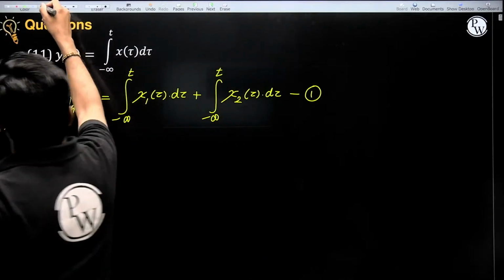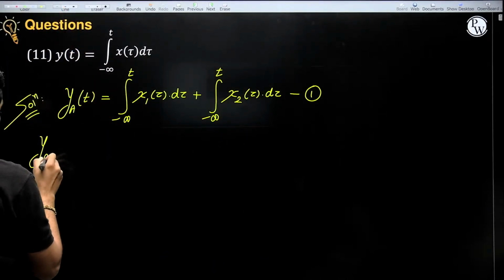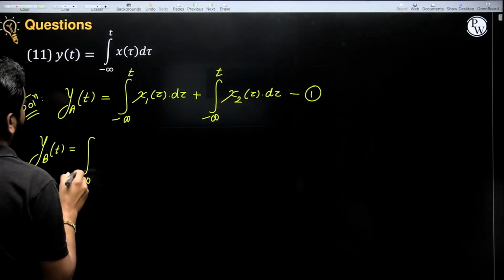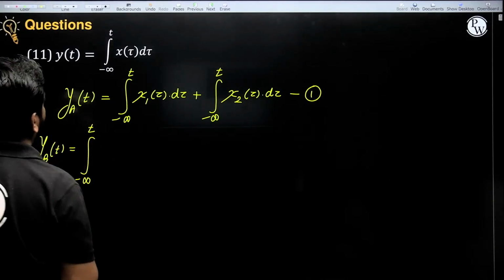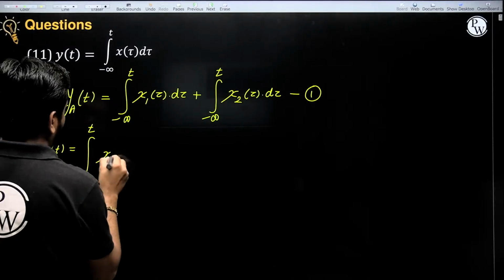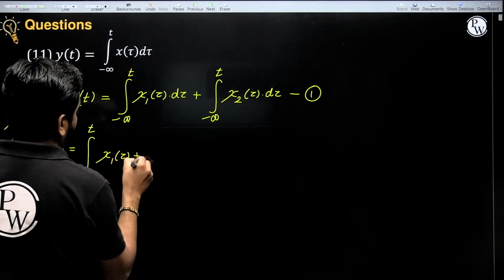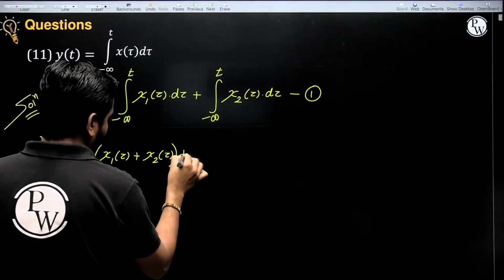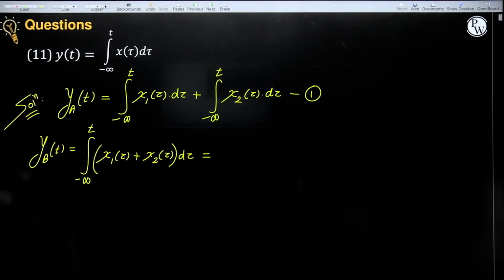Now find the response to each input, x1 of tau and x2 of tau. We know that we can split the integration also.